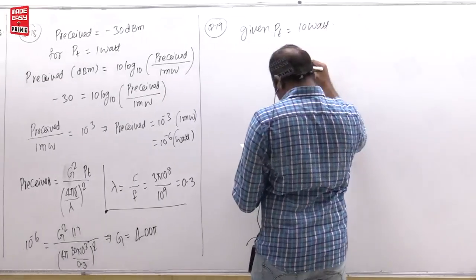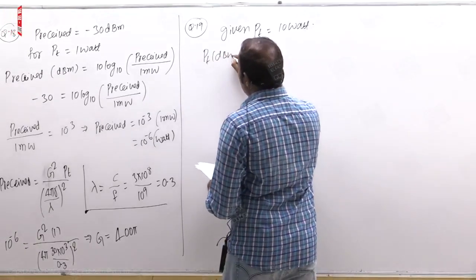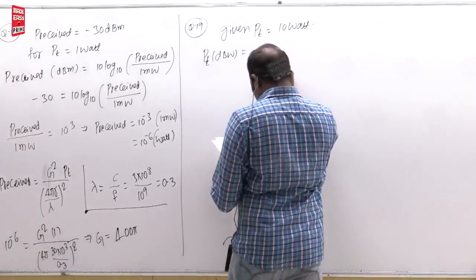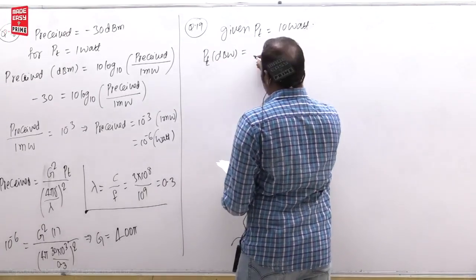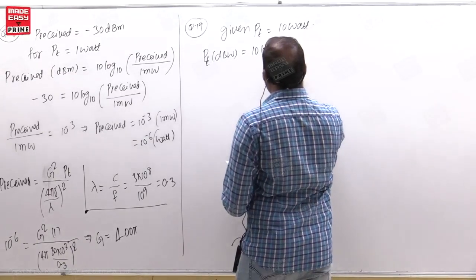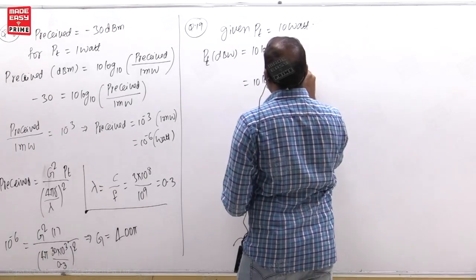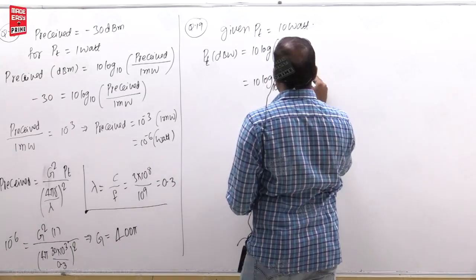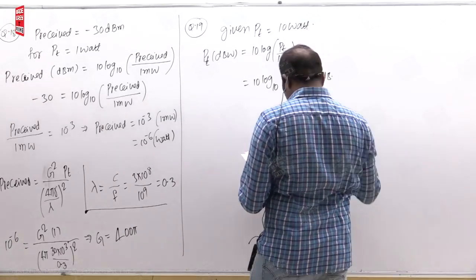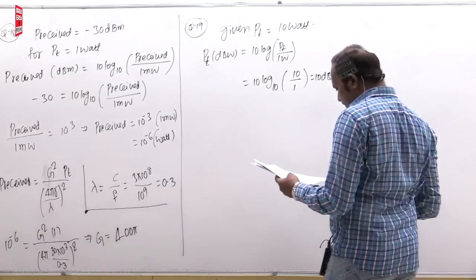But if you want this in decibels, because others are given in decibels, power transmitted in dB watt is 10 log 10 of power transmitted by 1 watt, that is 10 log 10 of 10 divided by 1. So this is 1, you get 10 dB watt.